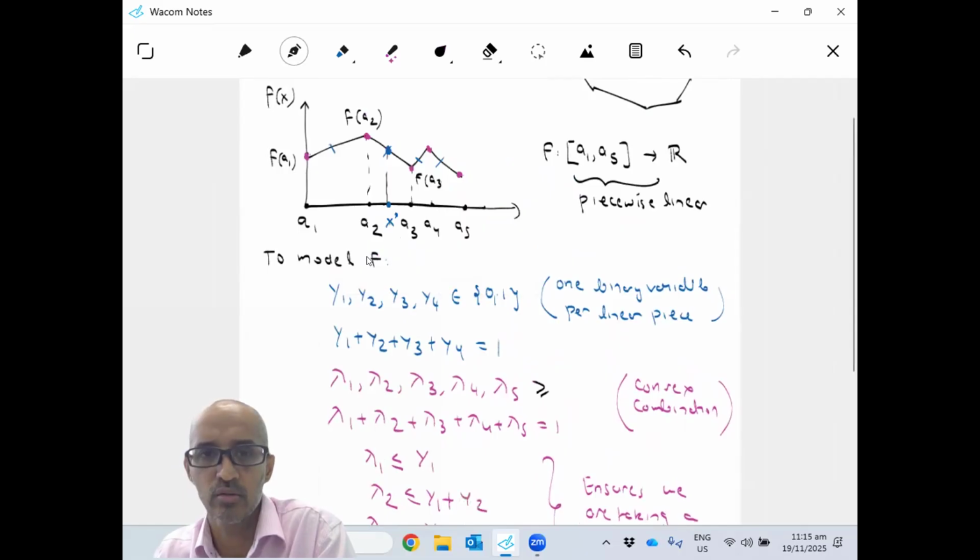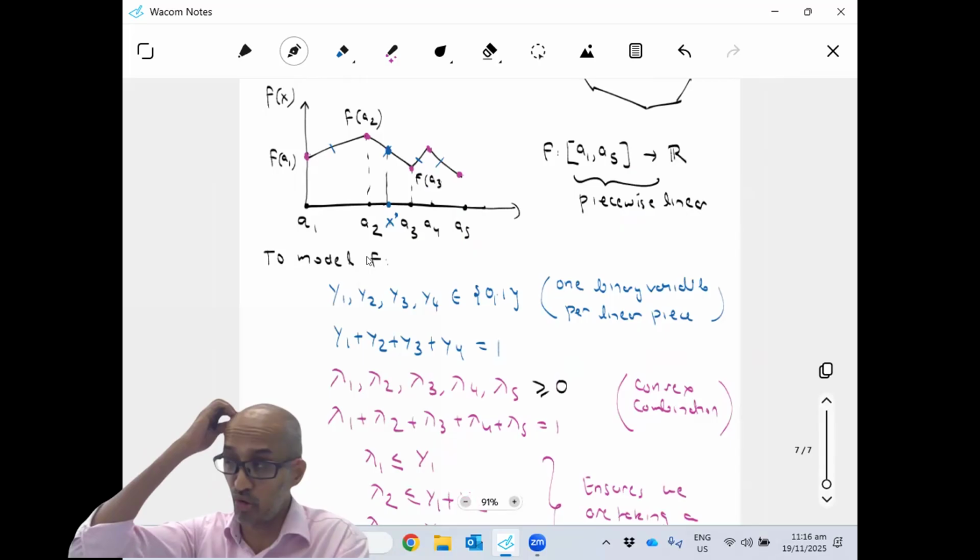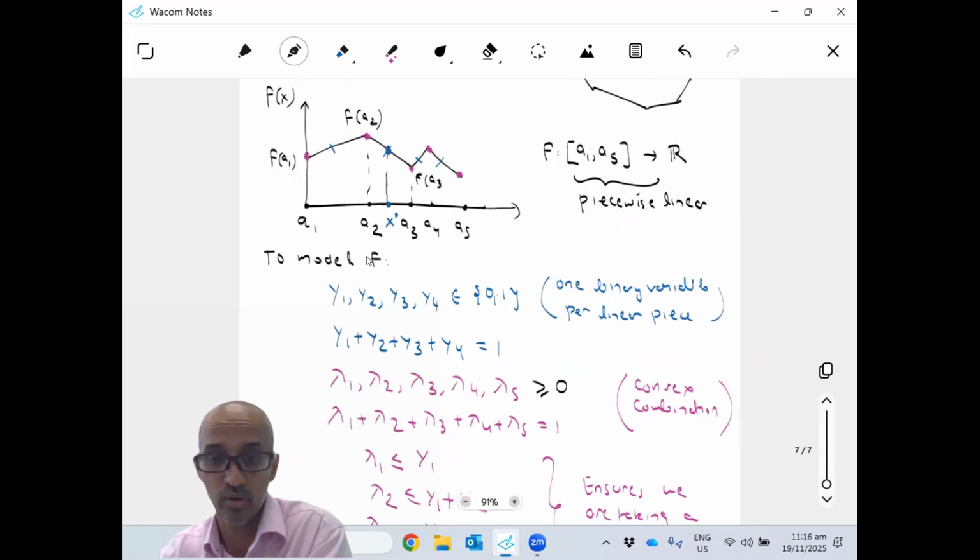They have to be non-negative and add up to 1. Clearly, I can't have lambdas be binary, because I can have points which are between two breakpoints. I require lambda 2 and lambda 3 to be positive for x star to be written appropriately. So these have to be non-negative. These are convex combination multipliers.